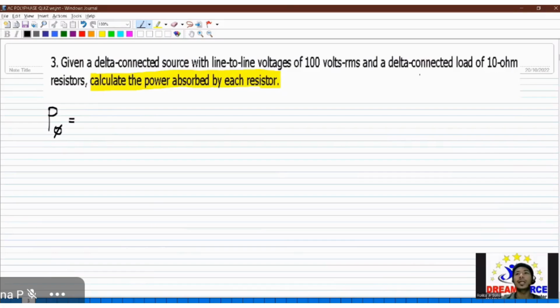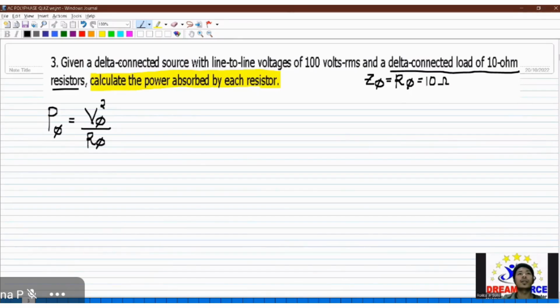Since yung binigay lang po natin na load is 10 ohm resistor, pwede ko pong directly gamitin yung V per phase squared divided by the R per phase. Yung load lang daw niya, engineers, is just a resistor, so meaning unity power factor ito, which is equivalent to 10 ohm.